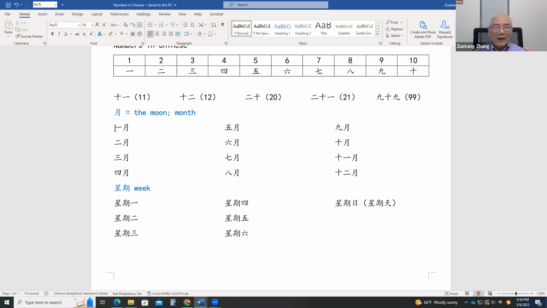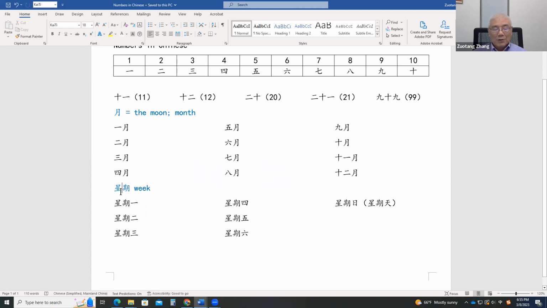All right. And if you still think you have the capacity of learning more in this short video, then you learn another word, 星期, which means a week. The two characters mean two things. 星 means a star, and 期 means periodical, like cycles.